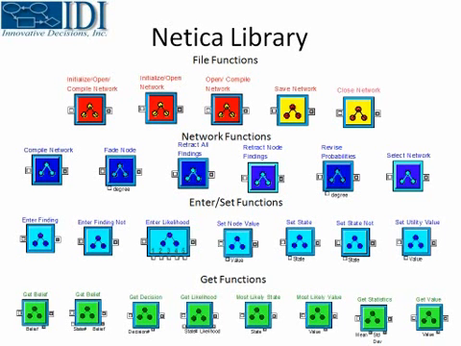Then the ones in the middle are the network functions, so if I want to compile a network or retract findings or revise probabilities, I use those functions. The third row is if I want to enter or set things into nodes, and then the last set with the light green are the blocks to retrieve information back from the Netica network.